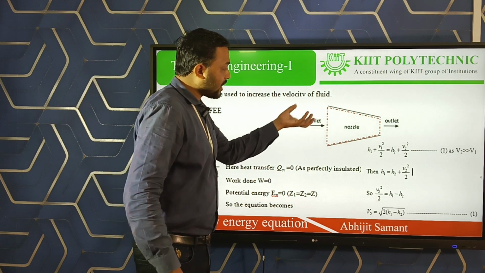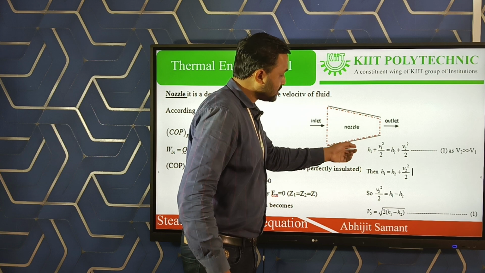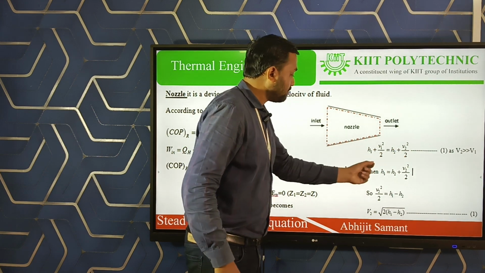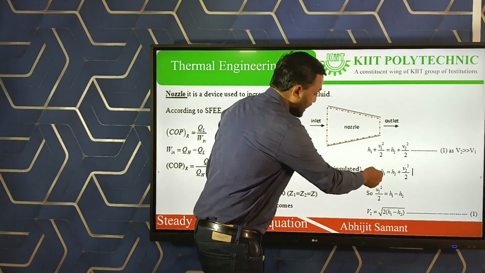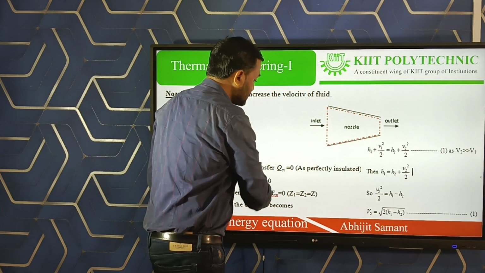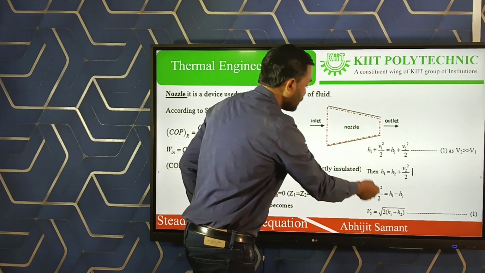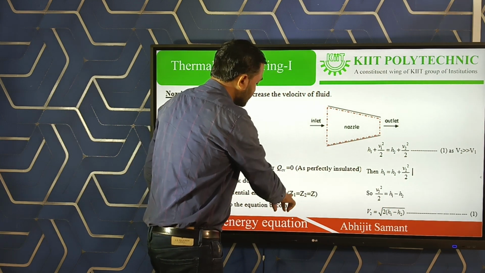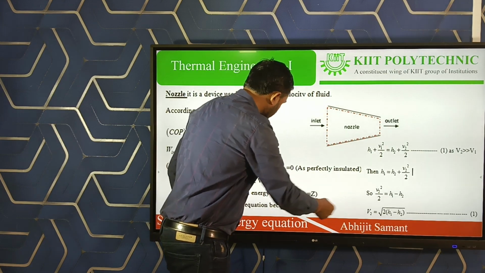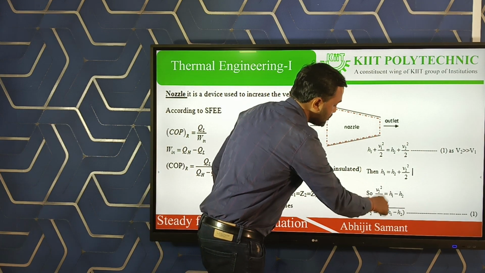As work done is 0 in case of a nozzle, v2 square by 2 is equal to h1 minus h2, and if the potential energy Z1 is equal to Z2, the equation becomes v2 is equal to the square root of 2 into h1 minus h2.